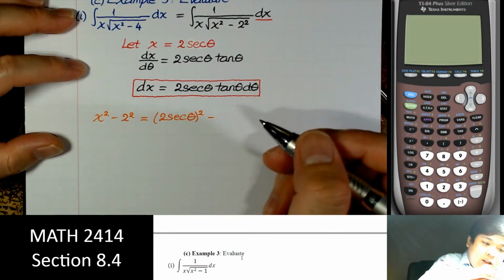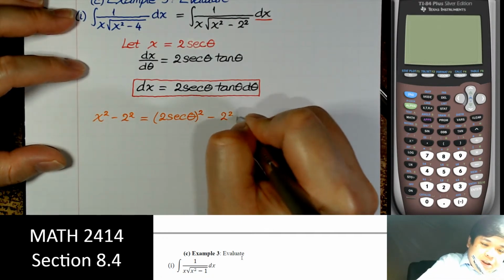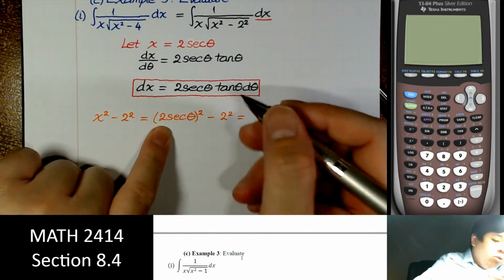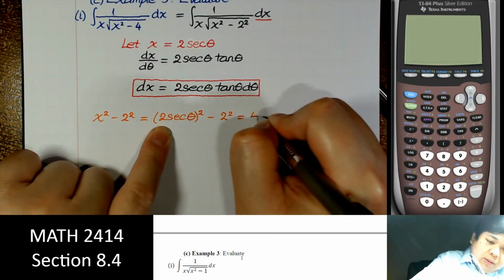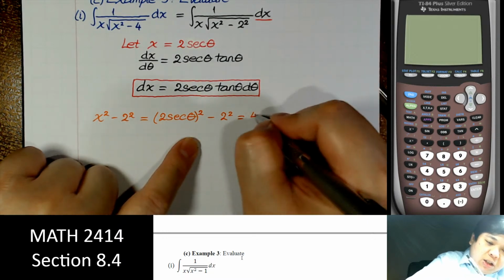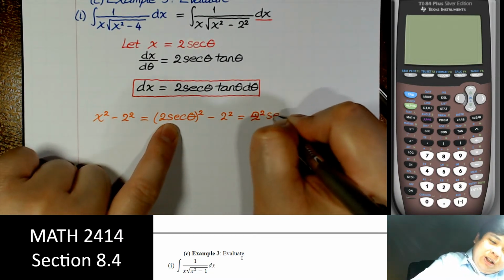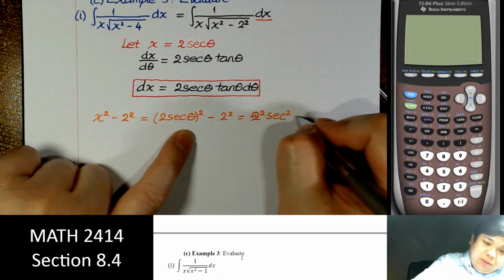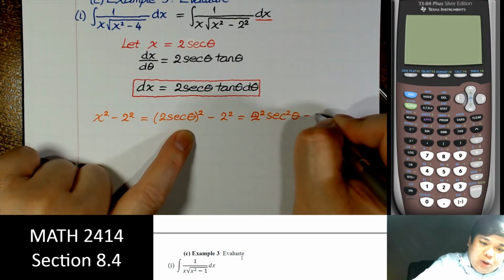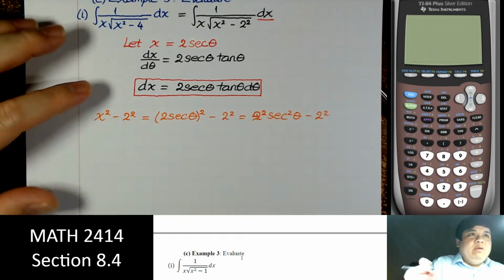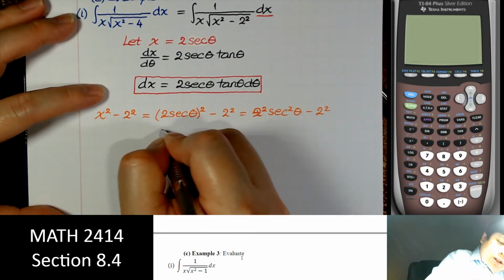Minus 2 square. Right, a square here, it's going to be 4, but I just want to write 2 square. Secant square minus 2 square.